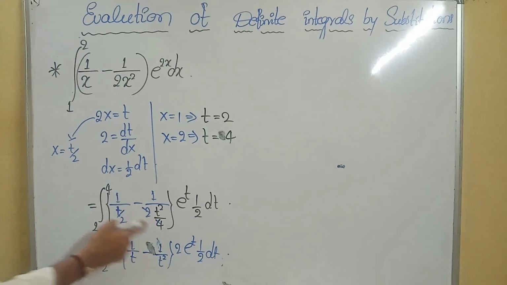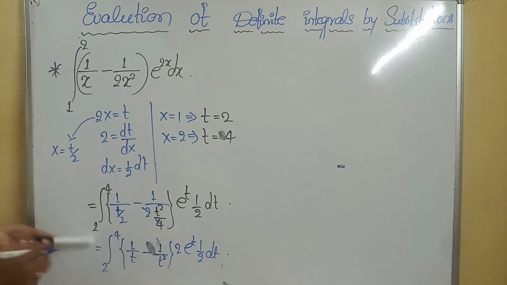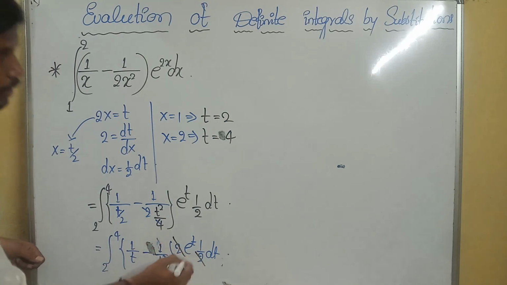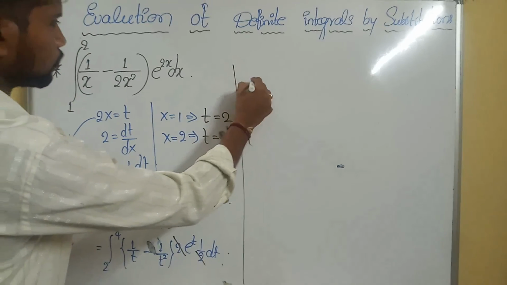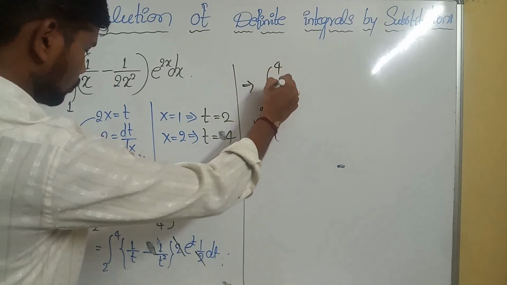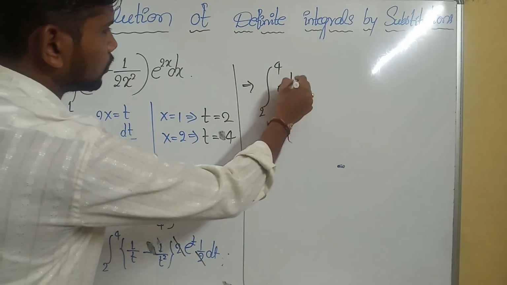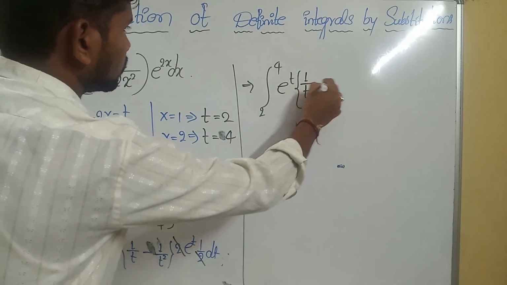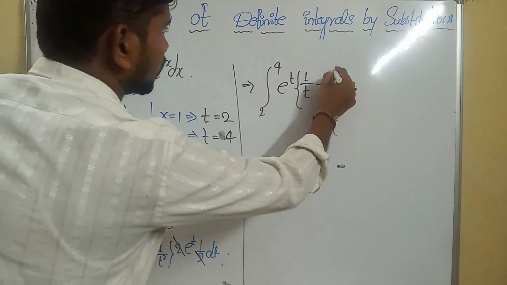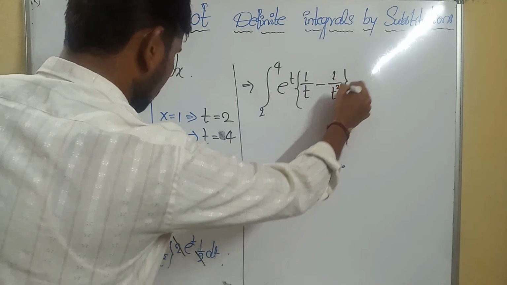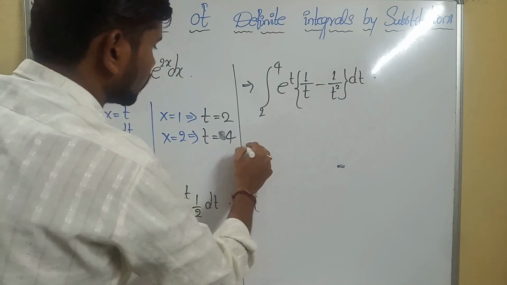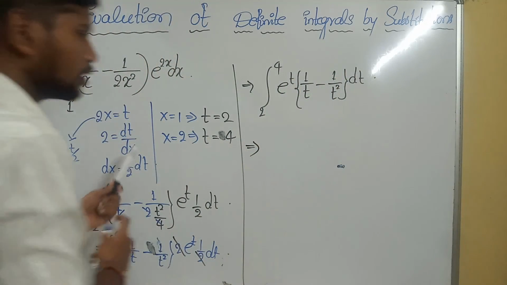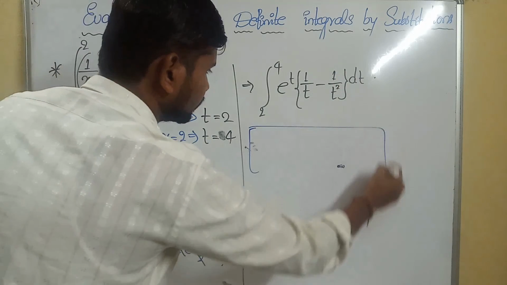This 1 by 2 is taken to the numerator and taken common here. Okay, 2 will be cancelled. Then the next step will be 2 to 4, e to the power t into bracket 1 divided by t minus 1 divided by t square into dt. Okay, it is of the form, very simple format that we already learnt.